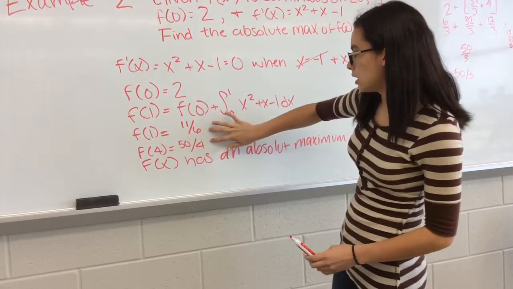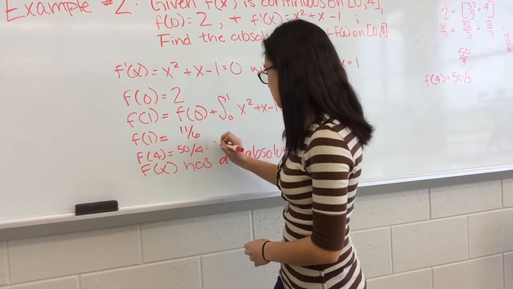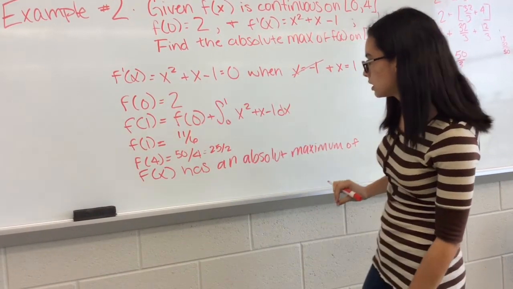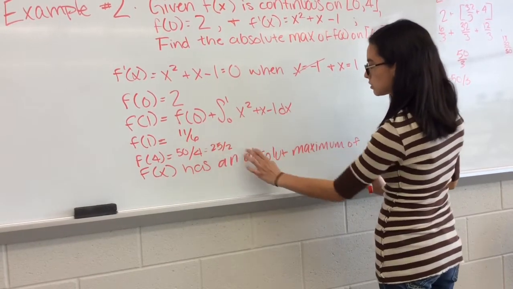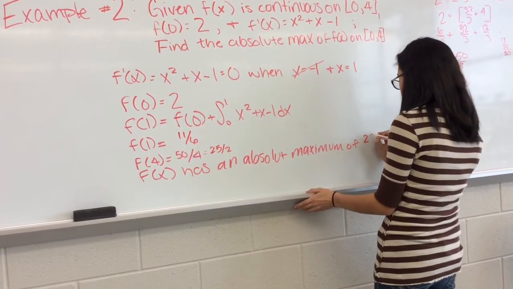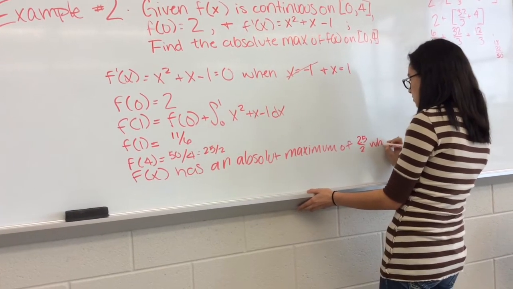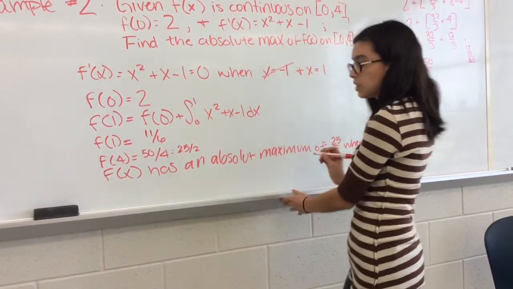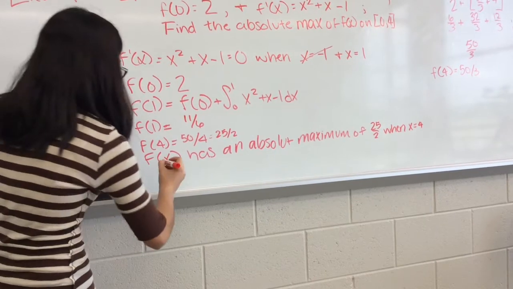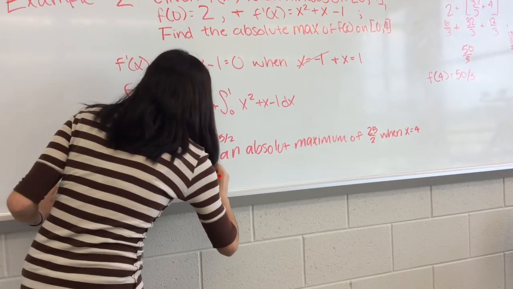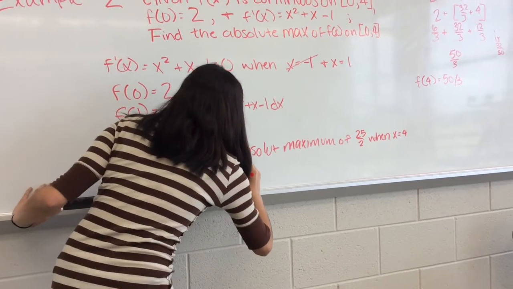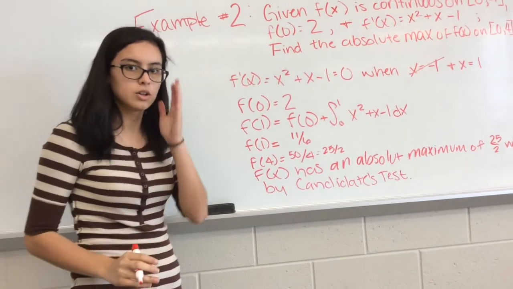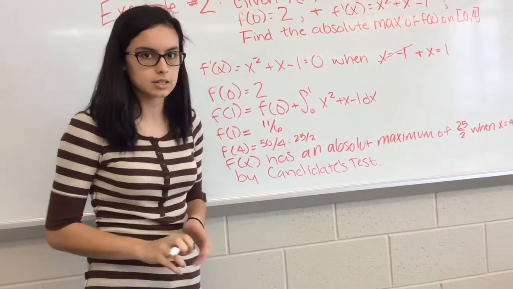And here, it's the same as 25 over 2, and 25 over 2 is greater than 2. And it was also greater than 11 over 6, so we're going to say a maximum of 25 over 2 when x equals 4, and then we're going to have to justify. So to justify this, we're going to say by candidate's test. And remember, when you see a closed interval, always, always, always use candidate's test.